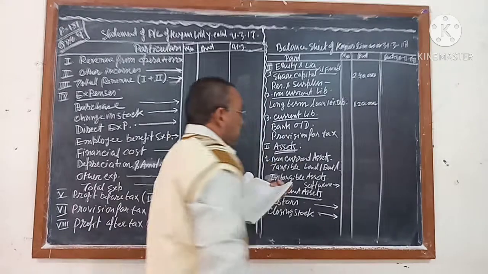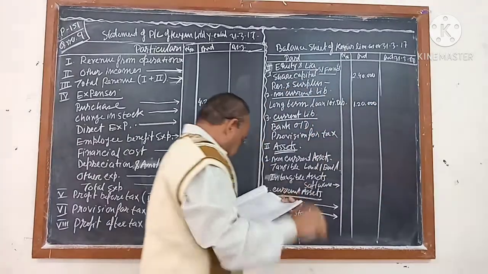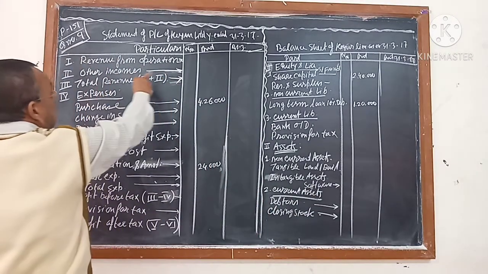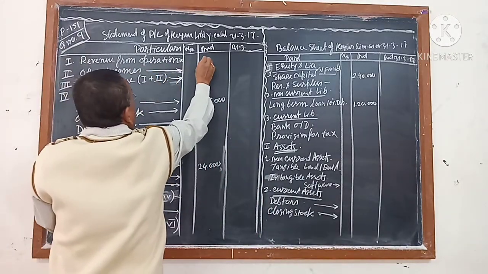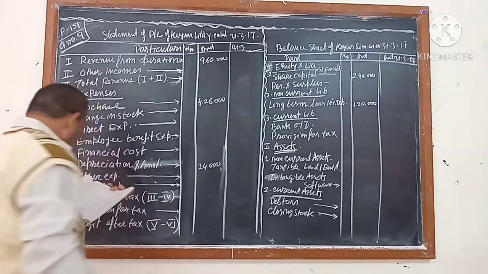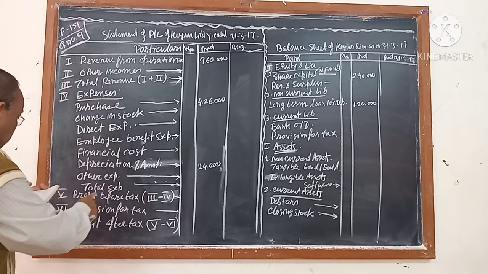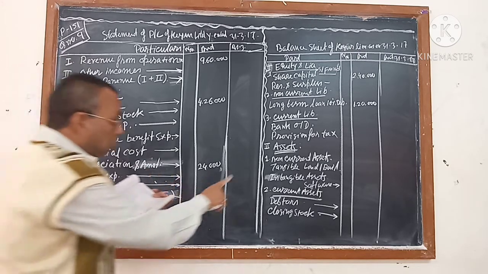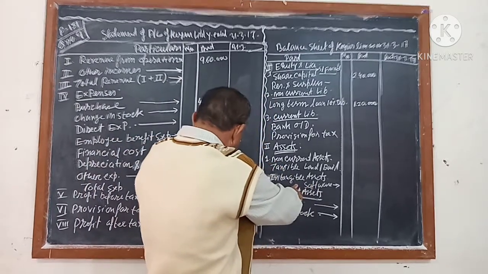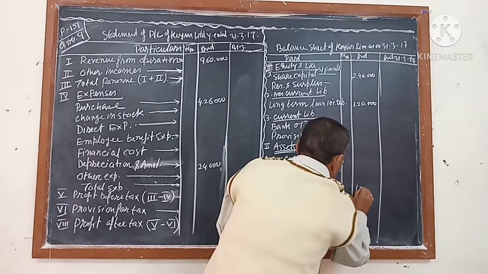10% debenture 1,20,000 comes under long term loans. Next, sales 9,60,000, it is given here. Software 1,20,000. Where will software go? Software goes to intangible assets, 1,20,000.